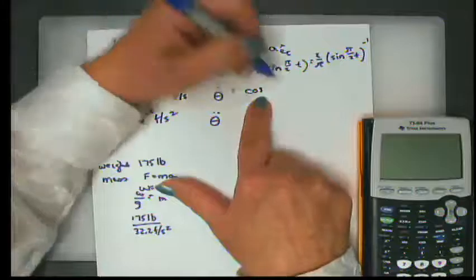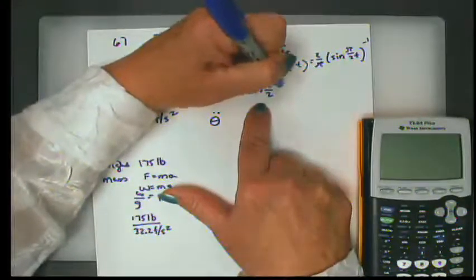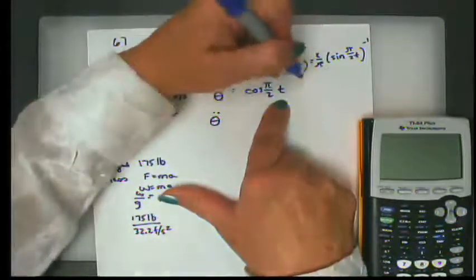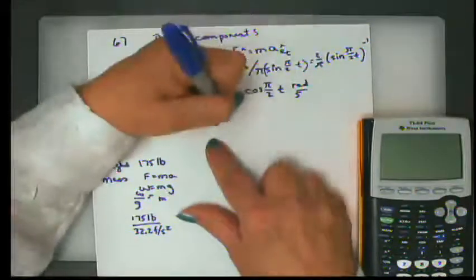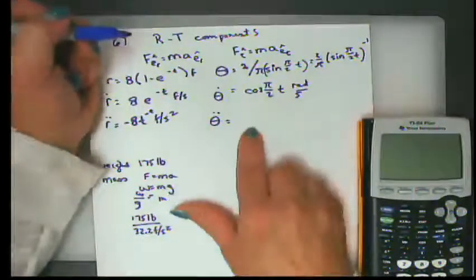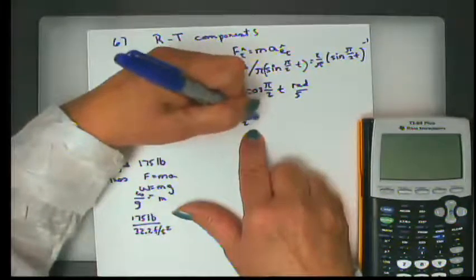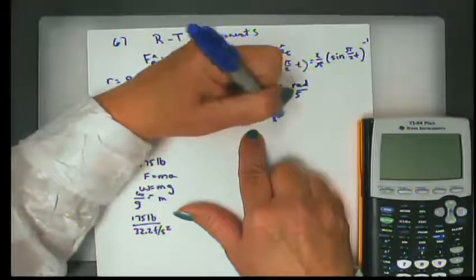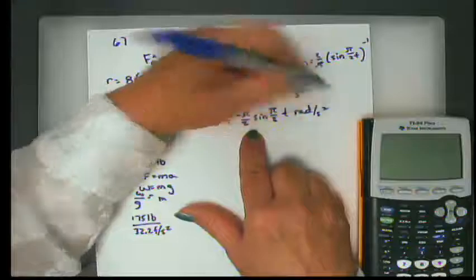I need to always get that value and make sure I'm not doing it incorrectly. So this is our value of theta dot, and that is going to be in radians per second. And when we take the derivative of this, we're going to get negative pi over 2 times the sine of pi over 2 t, and that's going to be in radians per second squared.